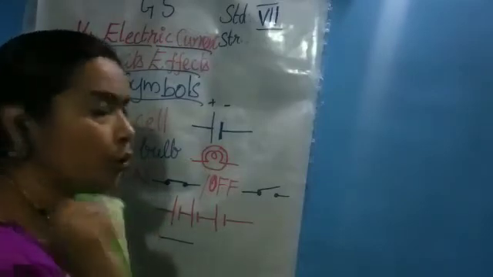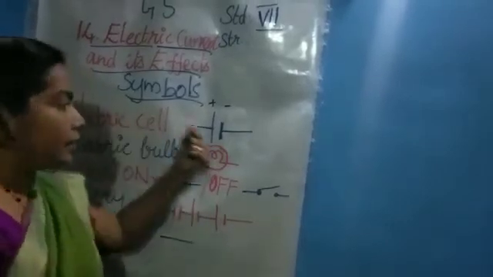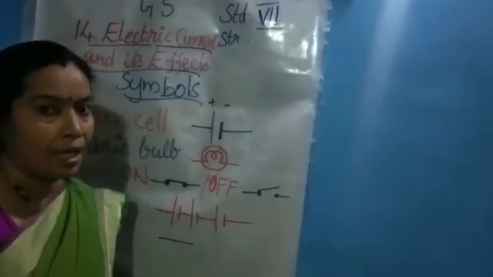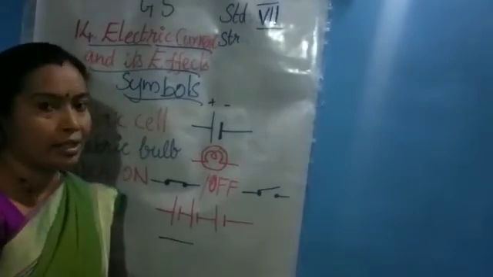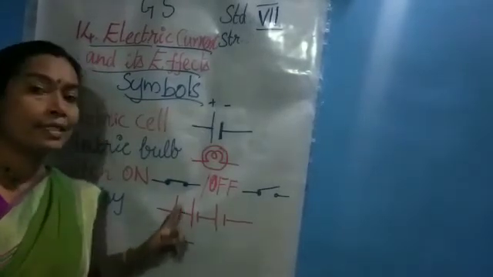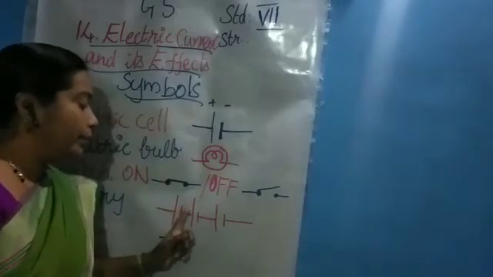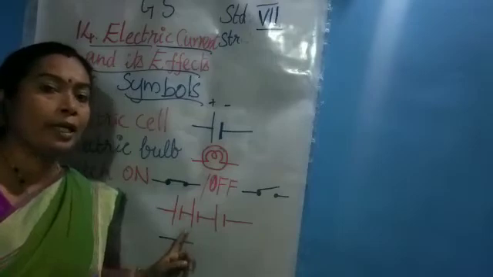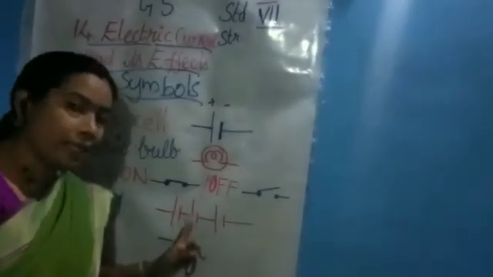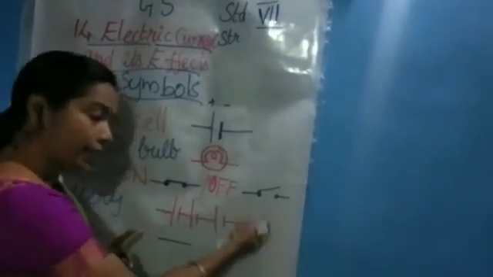Students, did you notice this here? For the electric cell, a number of electric cells joined together we call a battery. And how are the terminals connected? One positive and one negative terminal make a single cell. From that single cell, the negative terminal is connected with the positive terminal of the next cell, and the second cell's negative terminal is connected with the positive terminal of the next cell.